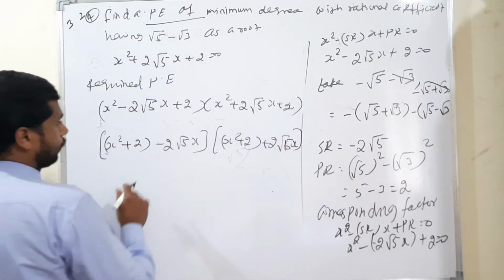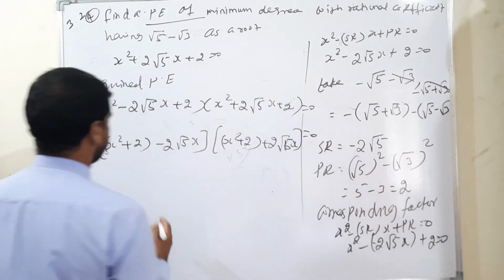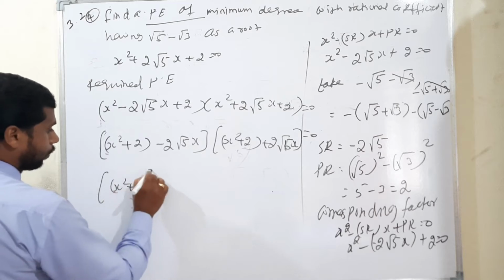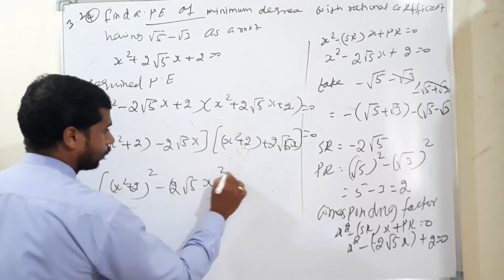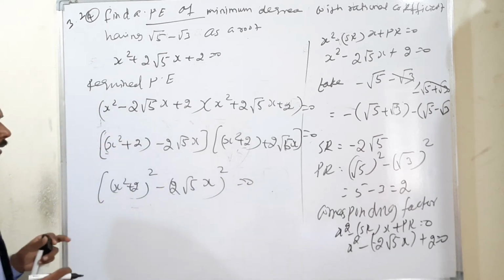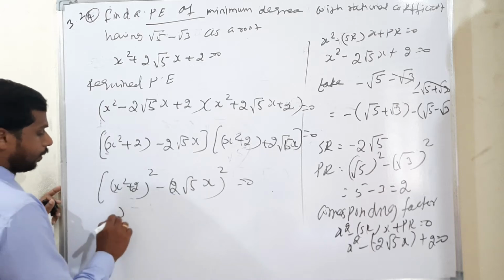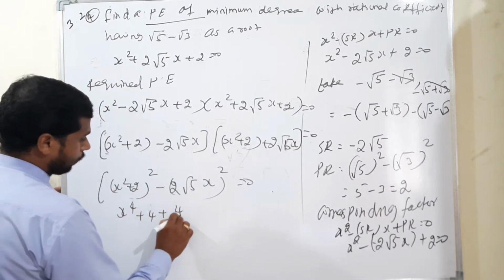Now we can apply (a plus b)(a minus b), isn't it? Both are equal to 0. So (a plus b)(a minus b) means (x square plus 2) the whole square minus (2 root 5x) the whole square is equal to 0. We expand (a plus b) square as a square plus b square plus 2ab, that is x power 4 plus 4 plus 4x square.